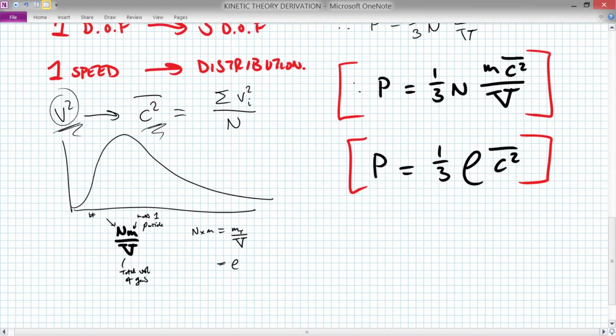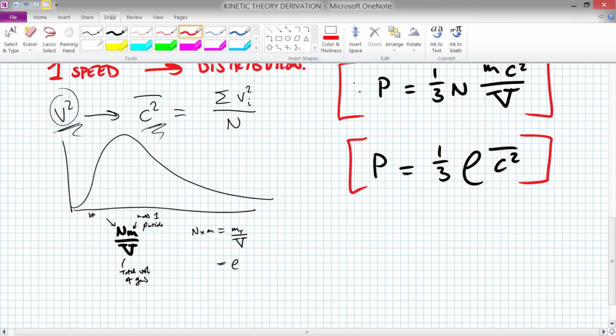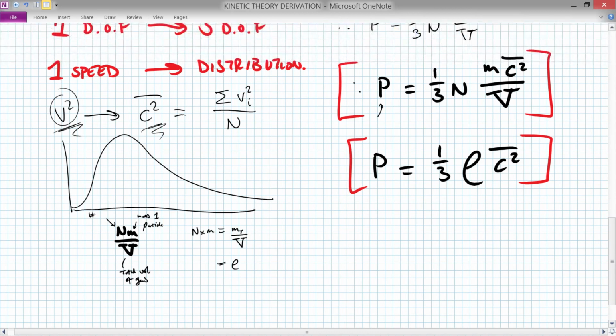We have an equation where our pressure is defined by particle level kinetic theory parameters, so the mass of a single particle and the average square speed of a distribution of particles, and here maybe we could use density if we have a mixture of gases where the mass isn't the same for every particle.